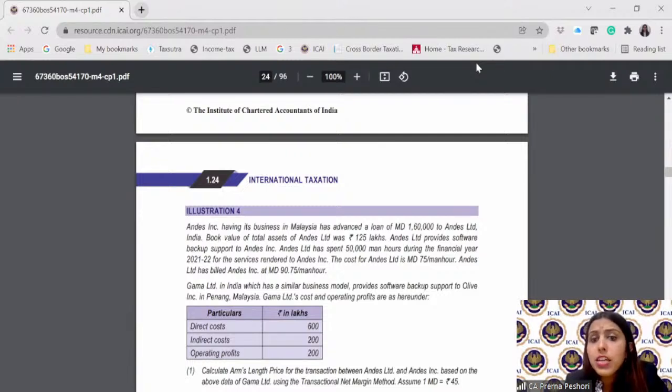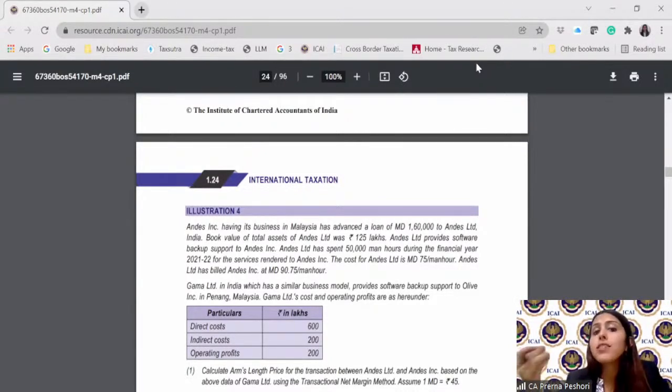So 1,60,000 into 45 divided by 125 lakh, which is the book value of asset. So here, if the loan advance is greater than or equal to 51% of the book value of total assets of Endis Limited, then both of them are deemed to be AEs. And here it constitutes 57%. So both of them are deemed to be associated enterprises.